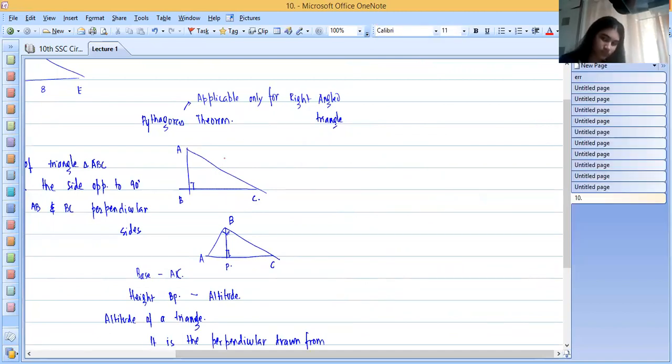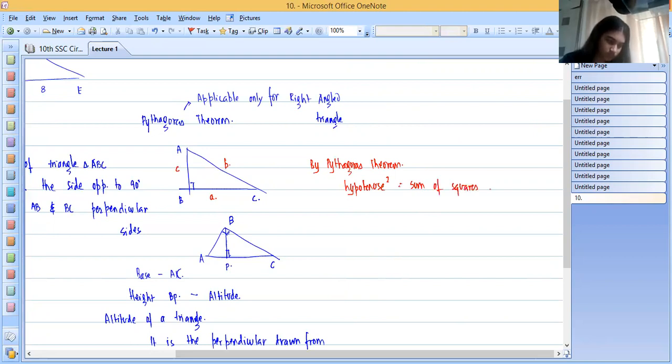Now, we will name these sides as b, c, and a, small alphabet corresponding to the angle opposite which the side is. So by Pythagoras theorem, hypotenuse square is equal to sum of squares of perpendicular sides.